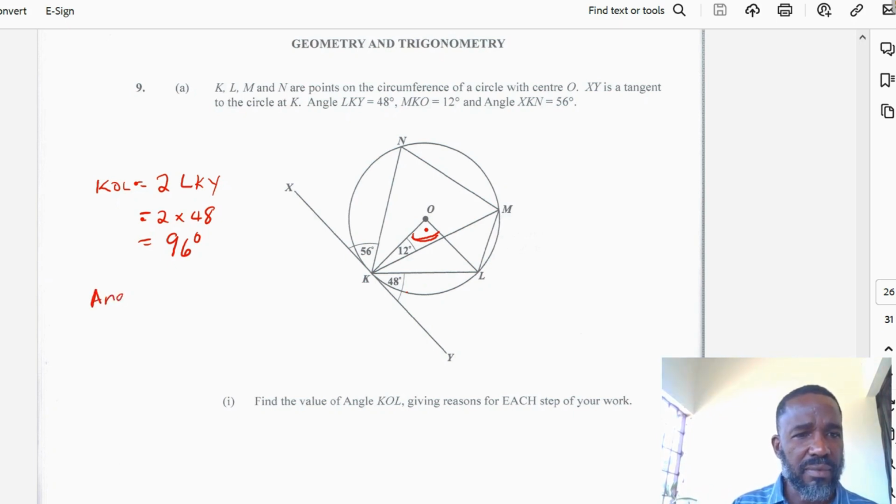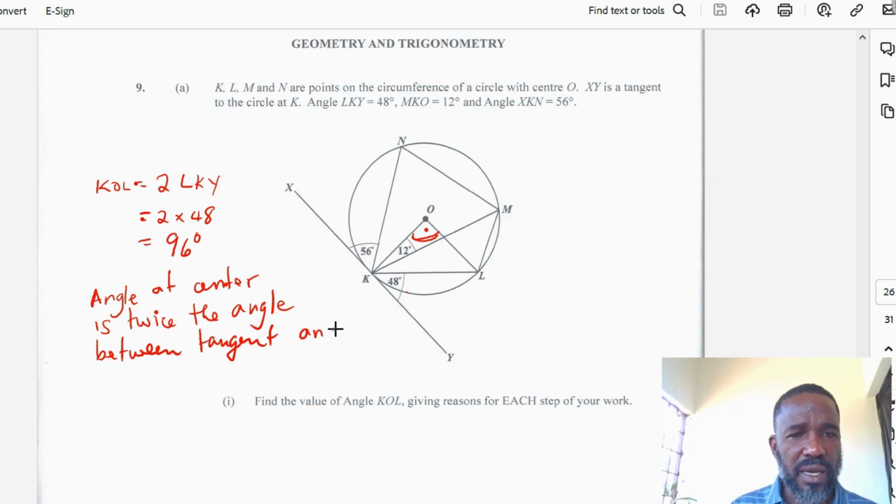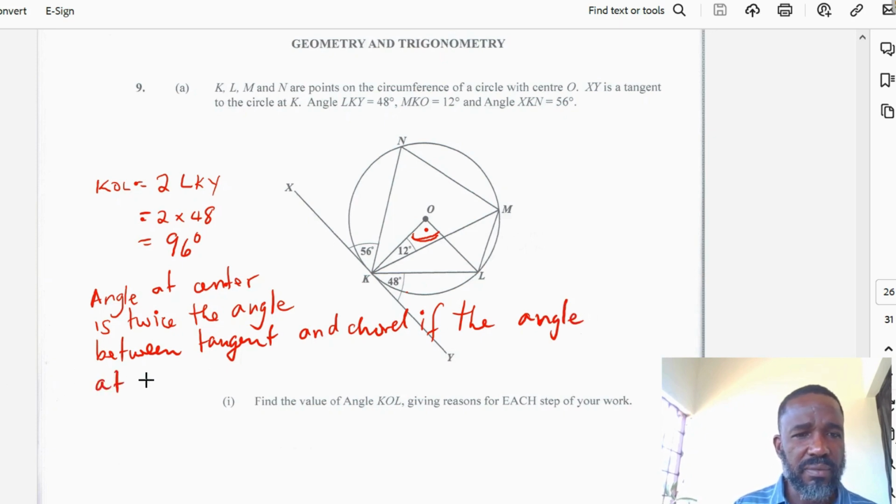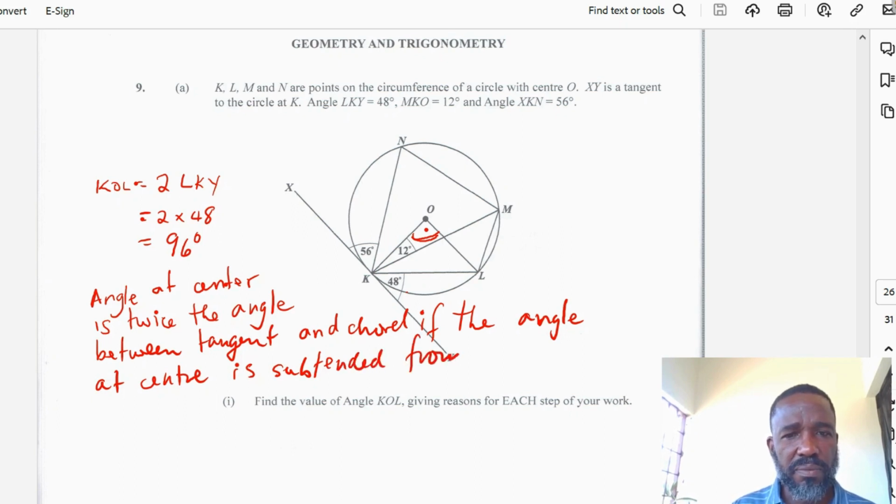Okay, so remember, what's the reason? Angle at center is twice the angle between tangent and chord, if the angle at center is subtended from the same chord.